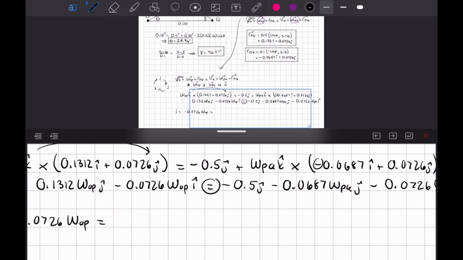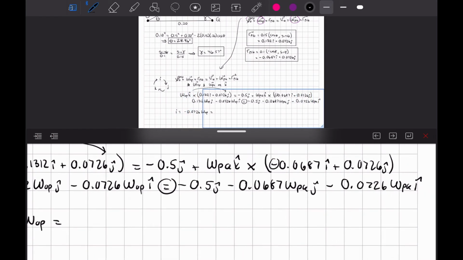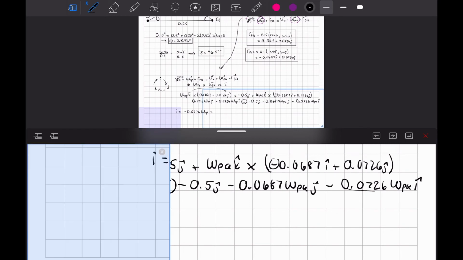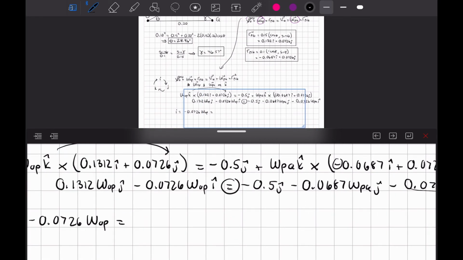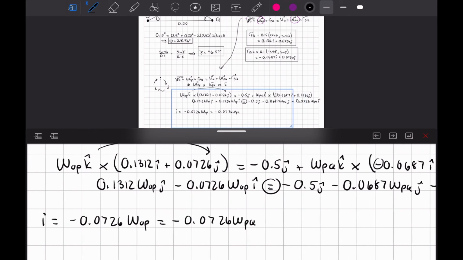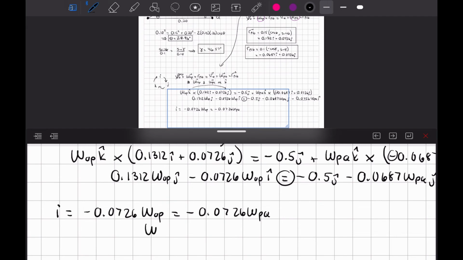What other i-hats do we have? Okay, we only have one here, which is just going to be equal to negative 0.0726 omega PQ. And as you can probably see now, those scalars are just going to cross out. So omega OP is going to be equal to omega PQ.